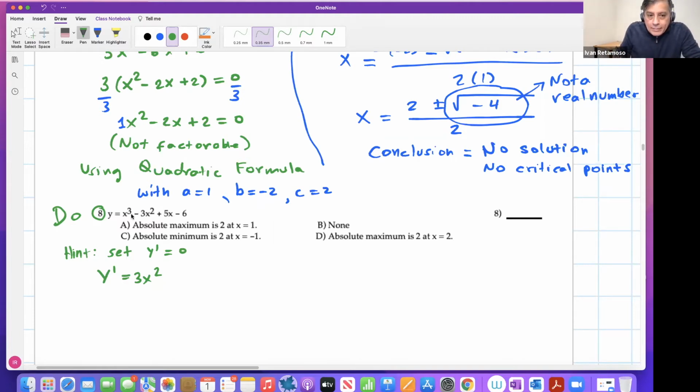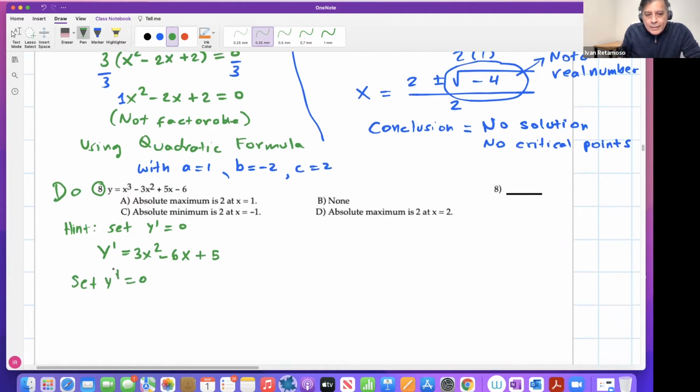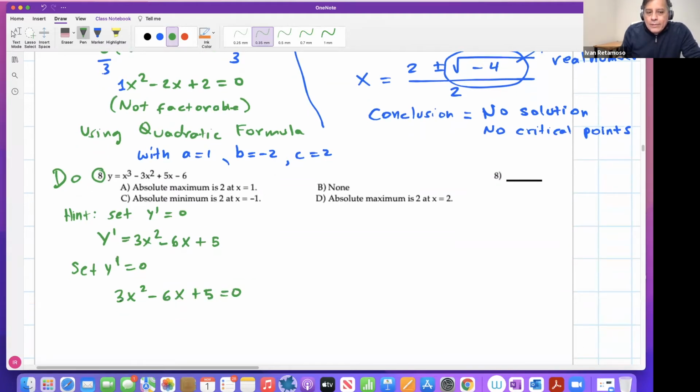So let's do it together, right? 3x squared, the derivative, minus 2 times 3, 6x, plus derivative of 5x, 5, right? And let's set our derivative equal to 0 to see if we can find some values of x such that the derivative is equal to 0. Notice I cannot factor out 3 this time because 3 doesn't go into 5, right?